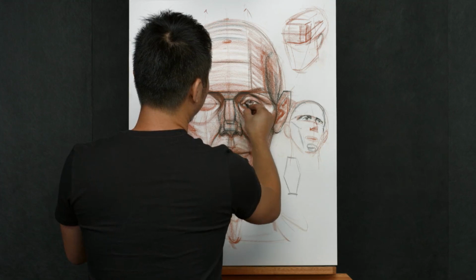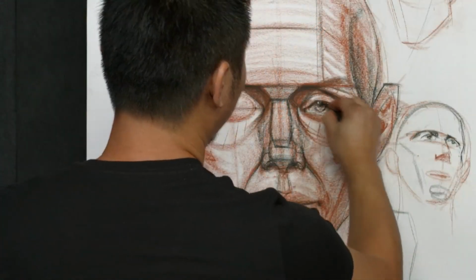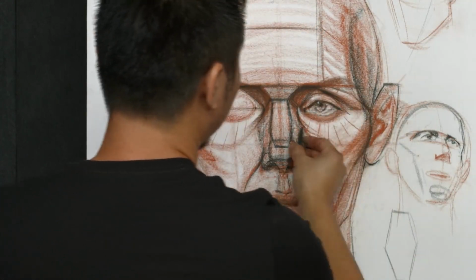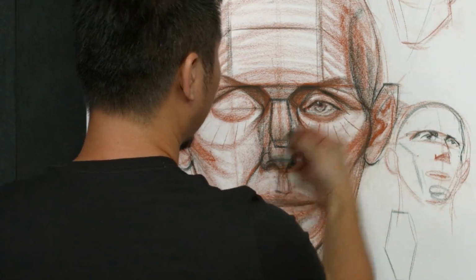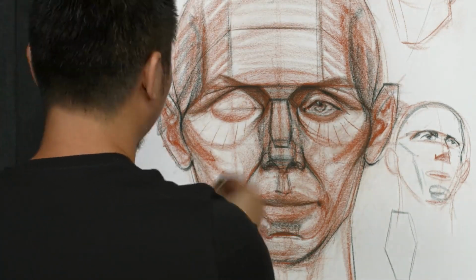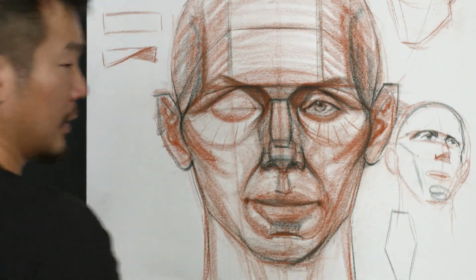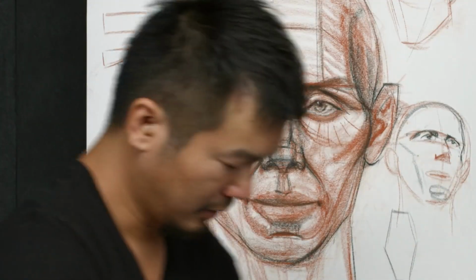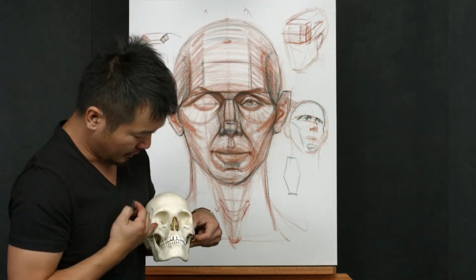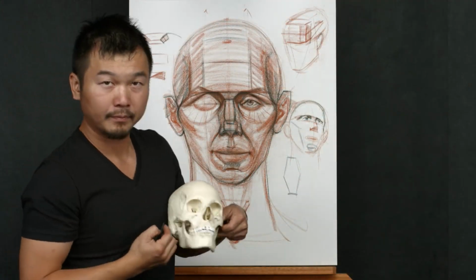You can see here again, the upper eyelid wraps around the eyeball, and the lower eyelid has to sit on that cheek plane, right? And then you saw this shape right here, the cheek plane, kind of like the socket from the skull. You notice the outside also.